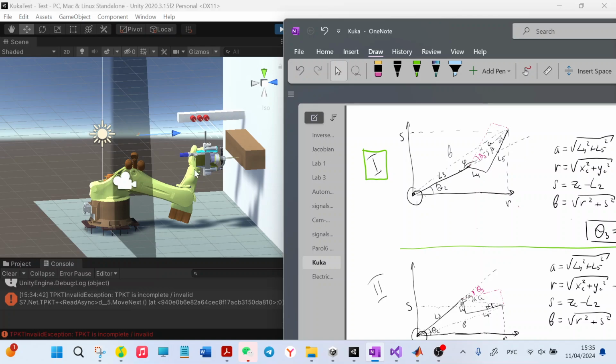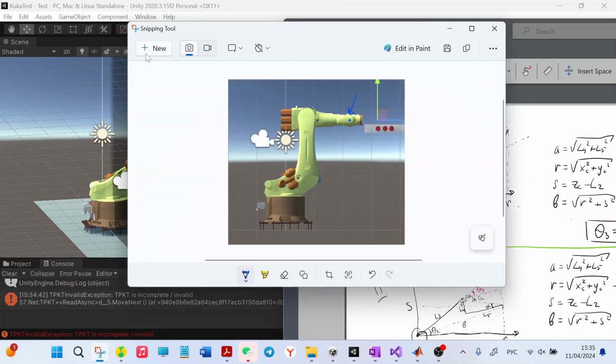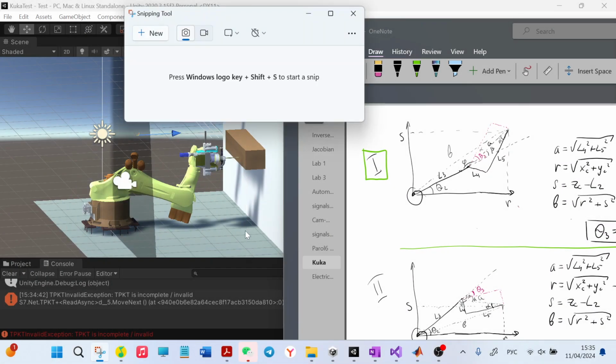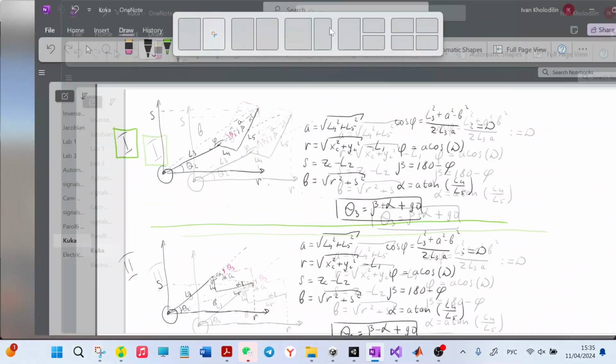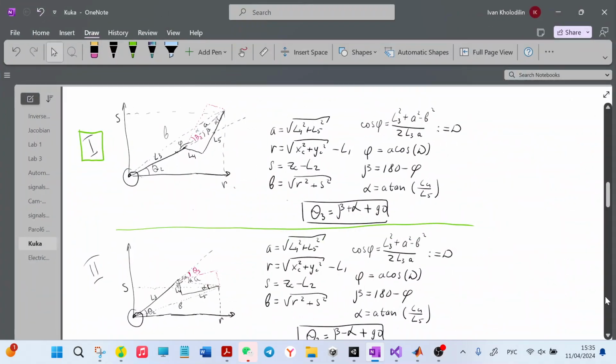When this one goes down and this one goes up, it's a different configuration. Let me draw it for you. This configuration is the first one. If we had the second one, the joints would be located this way. So this one is the second one, and this one is the first one. The calculation I applied in the program is the first one, so I marked it here.